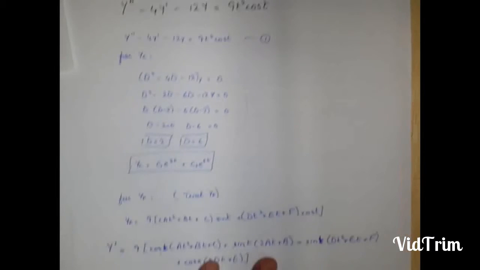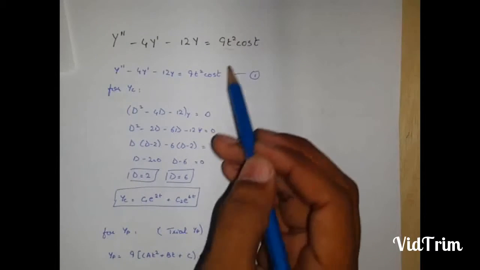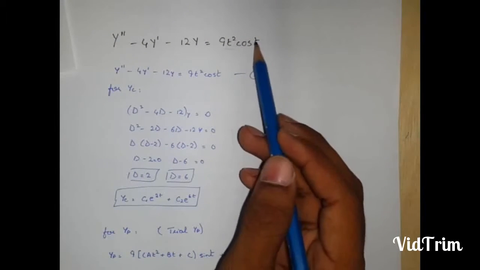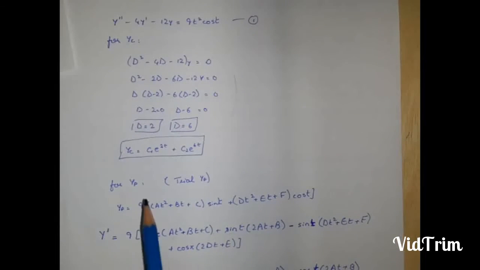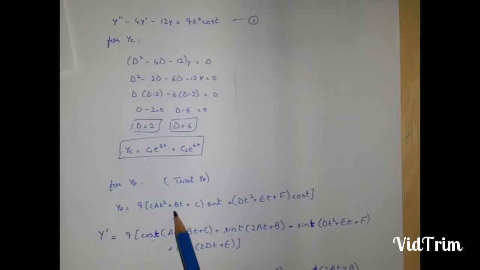For trial yp, as you can see that we have t square cos t on our right hand side. So our trial yp will be this: (at square plus bt plus c) sin t plus (dt square plus et plus f) cos t. Now we have to take the first derivative.